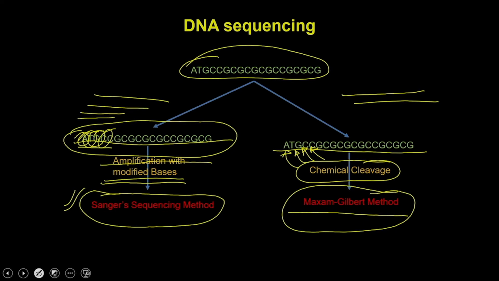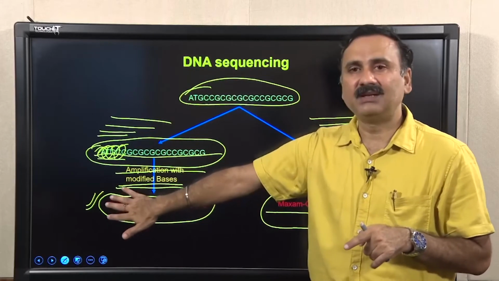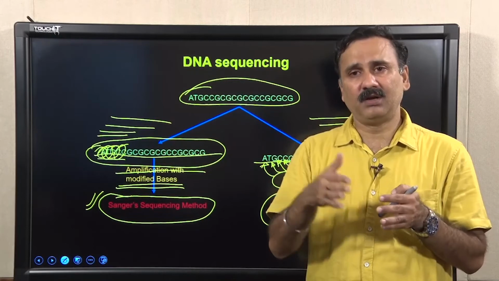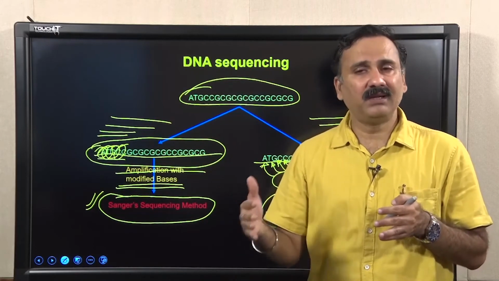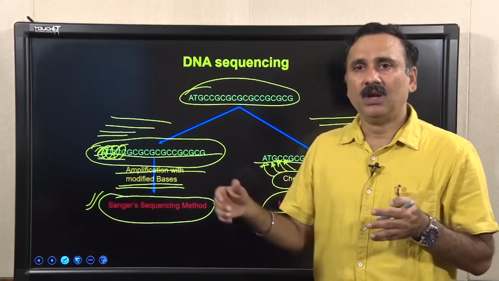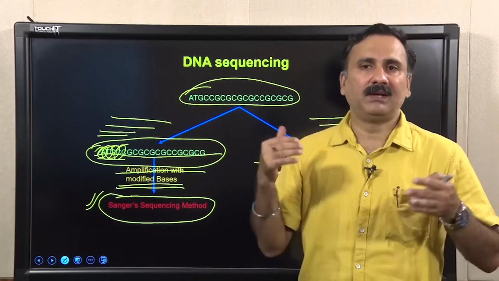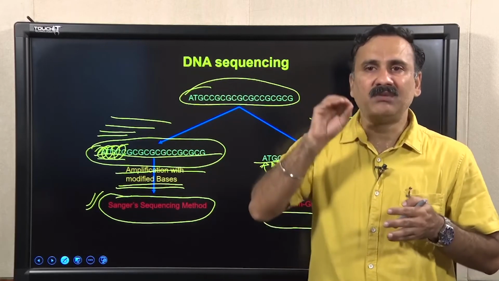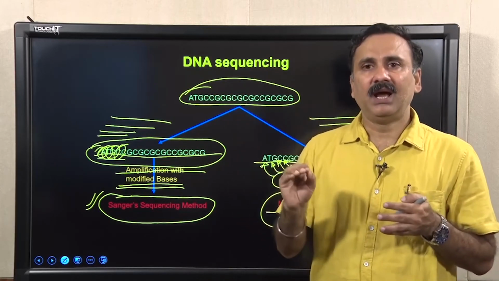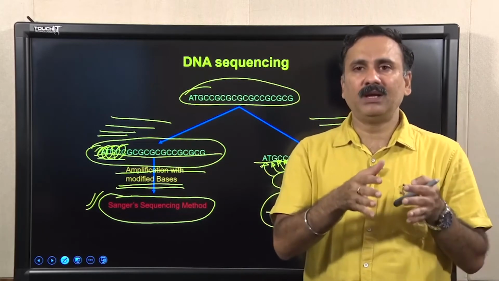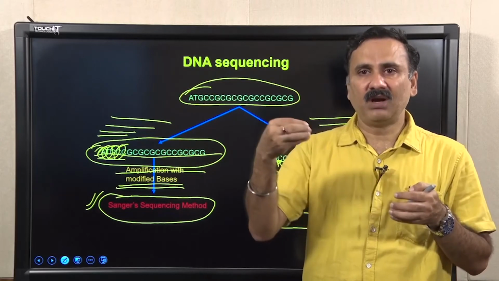So, as far as DNA is concerned, you have two methods. One is called Sanger's method, where you are using PCR as a tool and adding modified bases, and that modified base terminates the PCR synthesis. The other is called the Maxam-Gilbert method, where you are doing chemical reactions with the DNA, and that chemical reaction breaks the DNA at the place where it modifies the bases.